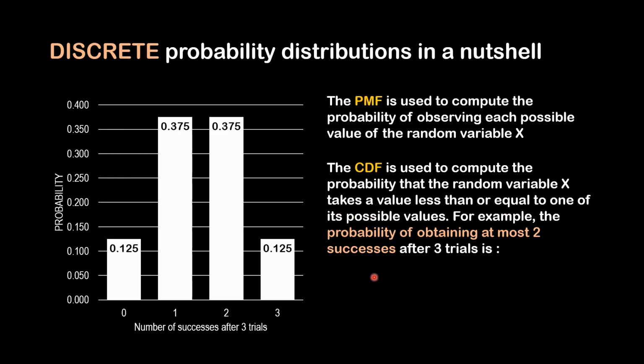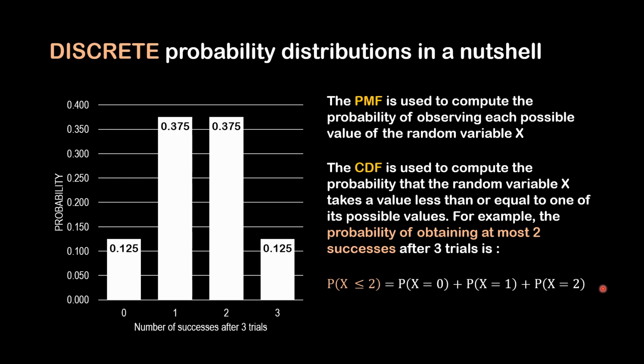For example, the probability of obtaining at most 2 successes after 3 trials is equal to the probability of x being equal to 0 successes plus the probability of x being equal to 1 success plus the probability of x being equal to 2 successes.